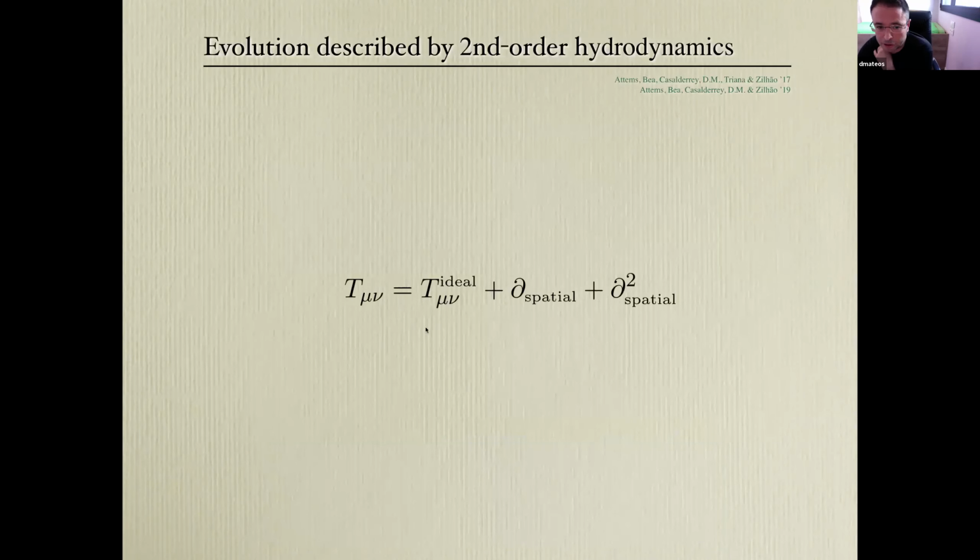By second-order hydrodynamics, I mean the ideal term plus first-order viscous hydrodynamics plus all possible second-order terms. You're probably used to these ones. Of course, you've seen this one many times. You're probably used to this one because here's where the bulk and the shear viscosities would enter. What I'm saying is that if you want a good description of this system, it is indispensable.